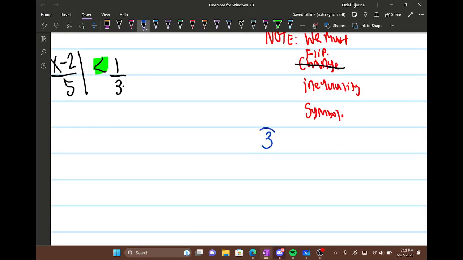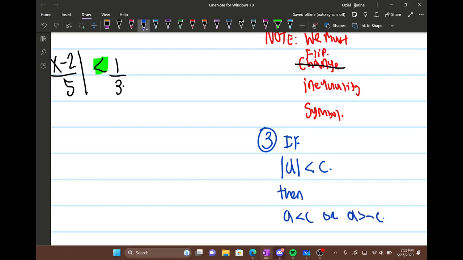The third step is: if the absolute value of A is less than C, then A is less than C and A is greater than -C.